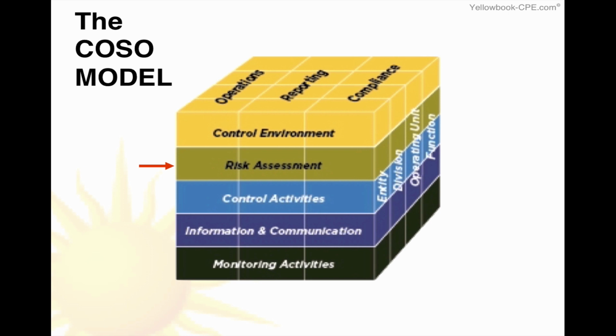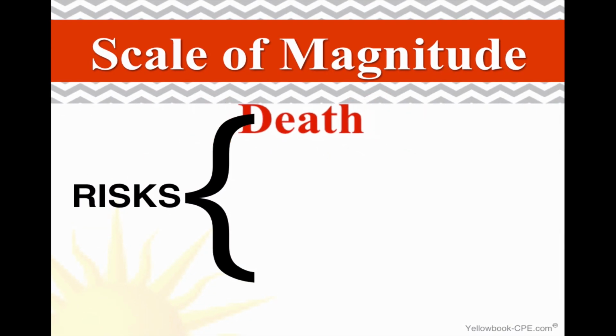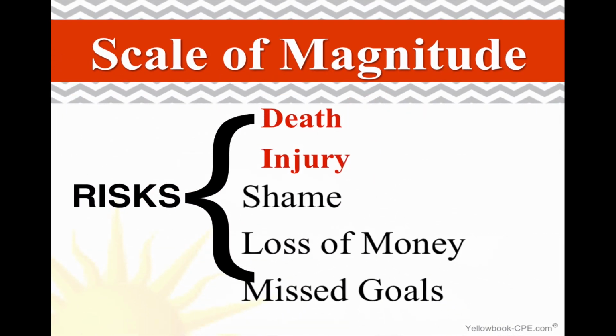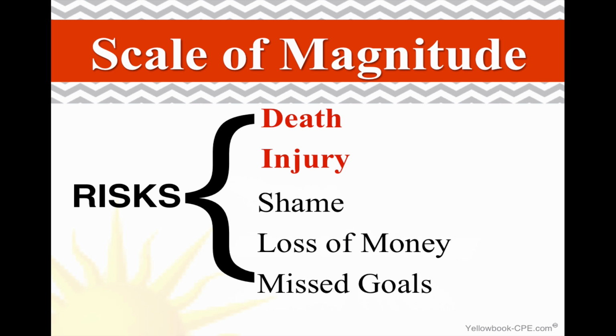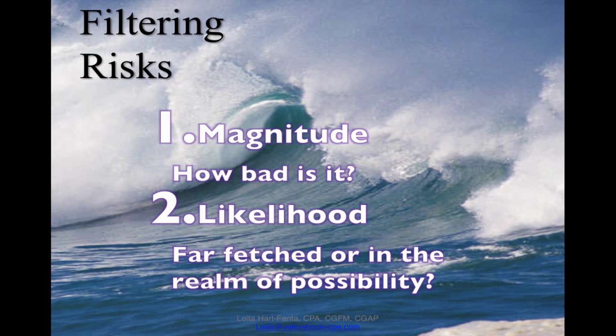If I start with control environment, it's too academic. It's too theoretical. But everybody can really understand risk. Death, injury, shame, loss of money, missed goals. And we talk about that in relationship to my kids driving or whatever example I've got. And they can also understand the concepts of magnitude and likelihood.